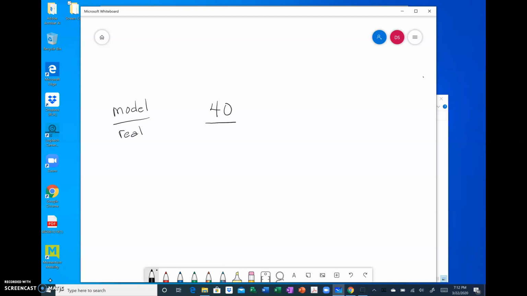So the model is 40 inches in length, and the resulting dinosaur would be 40 feet in length. Okay, so this one is inches, it's the model, this one is feet. And the question is, what is the model scale?